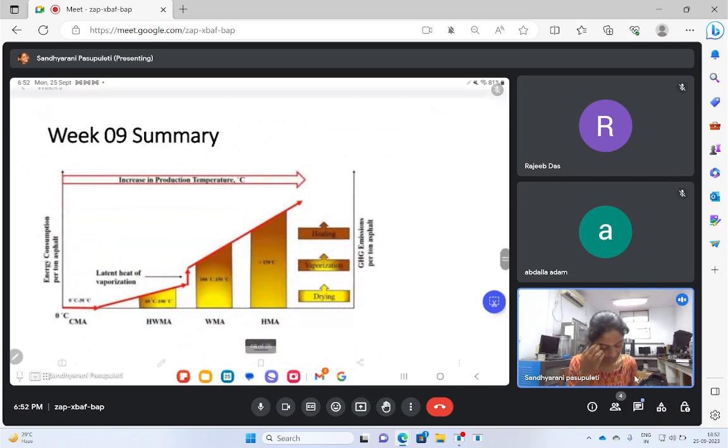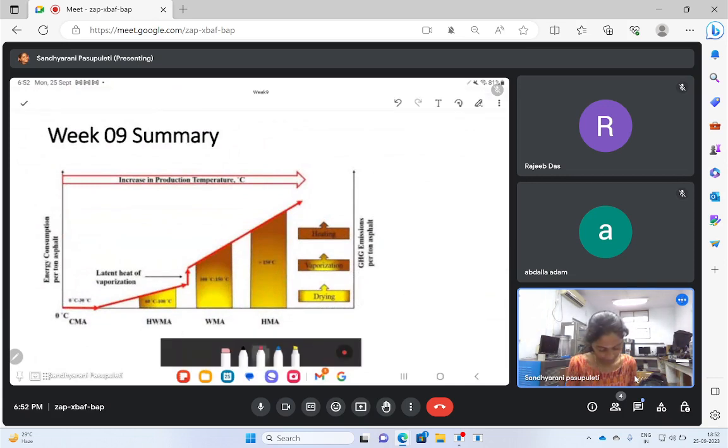So if you could see here the summary, the cold mixes usually compact mixed around 0 to 30 degrees range. Half warm mix asphalt in 60 to 100 degrees. Warm mix asphalt 100 to 150 degrees. But hot mix asphalt, as we already know, will be heated more than 150 degrees.